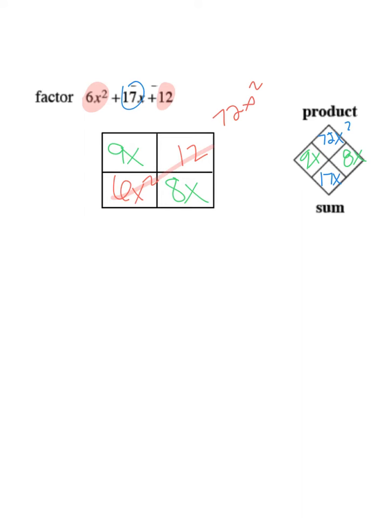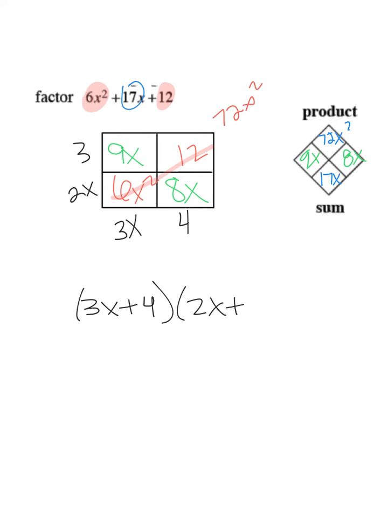So I notice that 6 and 9 have a common factor, so this will be 3x multiplied by a 2x. And then the 3 times 3 would make 9, and 2x times 4 would make 8. And I double check, 3 times 4 is 12. So I write my answer 3x plus 4 and 2x plus 3. This is writing it as a product, but we now call it factored form.